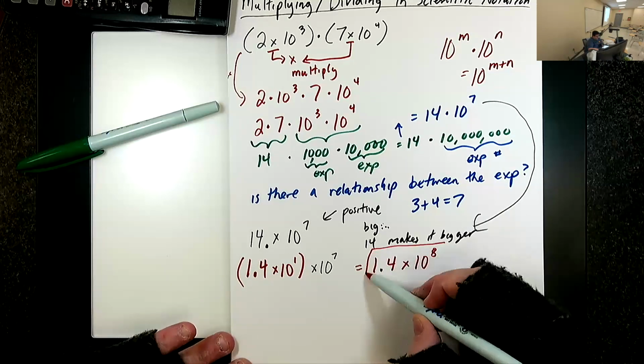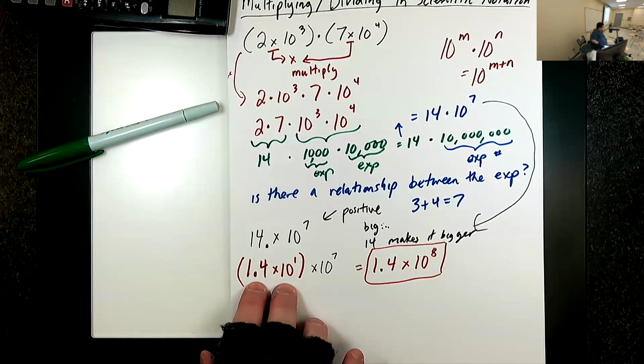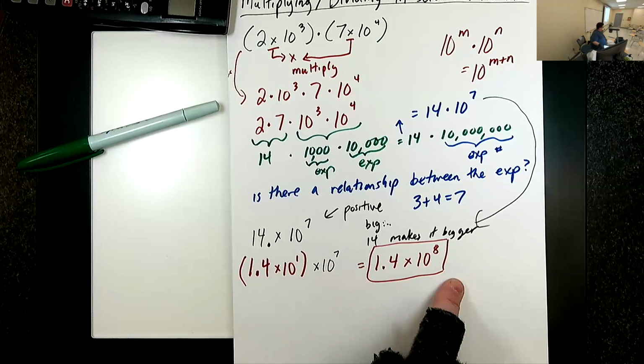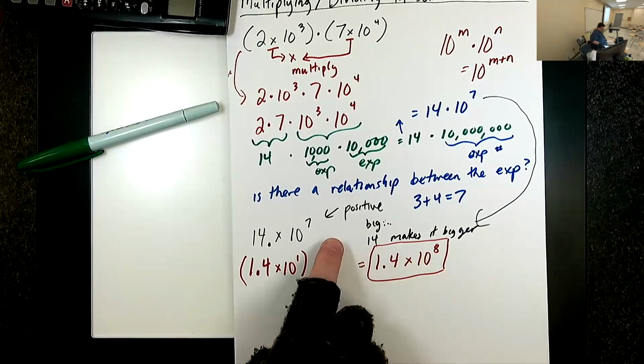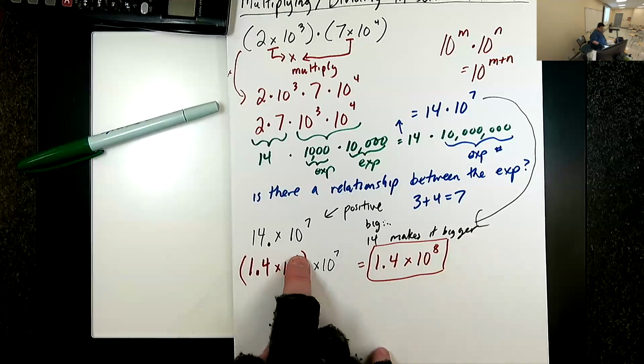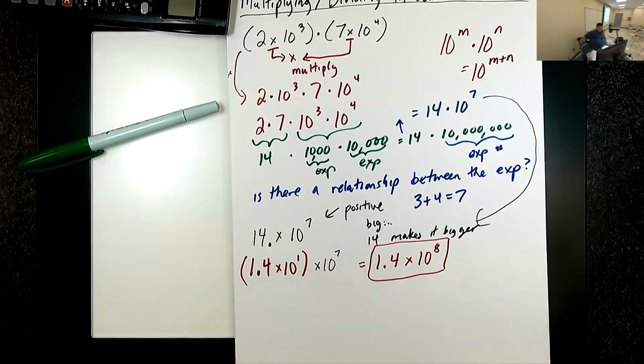So that would be the final answer. You don't need to write this step with the times 10 to the 1 if you recognize that going from 14 to 1.4 makes this 10 bigger. That was the idea of saying 14 makes it bigger. So if I rewrite it as scientific notation, this should get bigger, which means a bigger number.